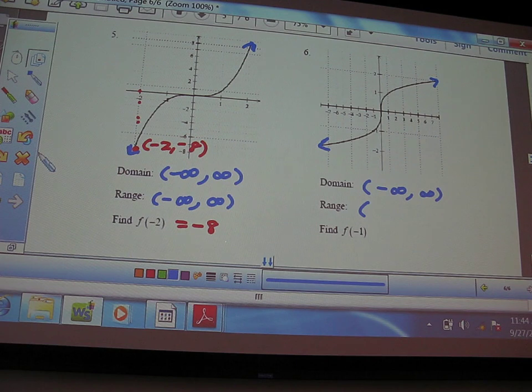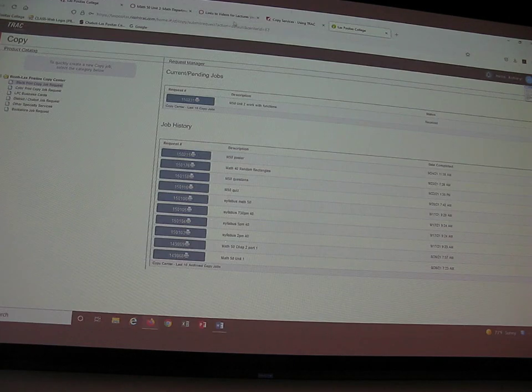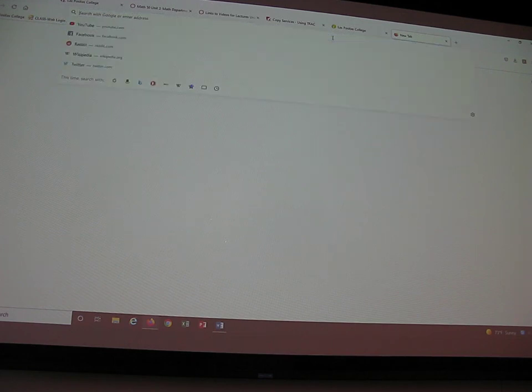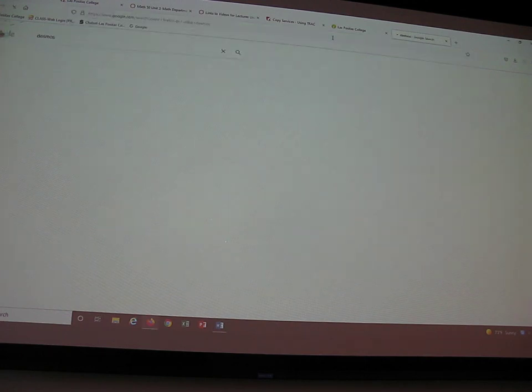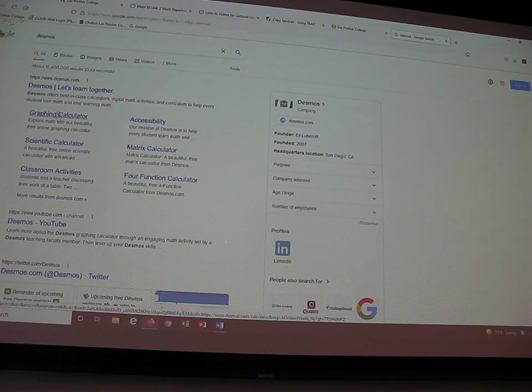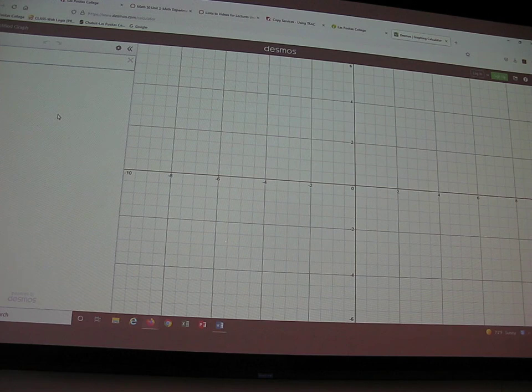All right, so who's heard of Desmos? Desmos is a super cool graphing thing. Go to the graphing calculator. You can put this in. I think this is y equals x cubed.